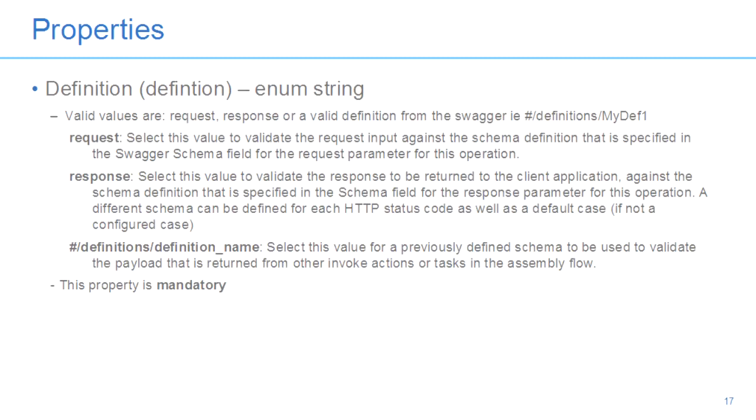So you can specify different schemas for the different status codes. Or if you want to fix the validation to use a specific schema, the schema is created and stored in the definitions section of the Swagger, and then you just specify #/definition name, and it will utilize that specific schema to do the validation against. And as this is the only property, it is a mandatory property.